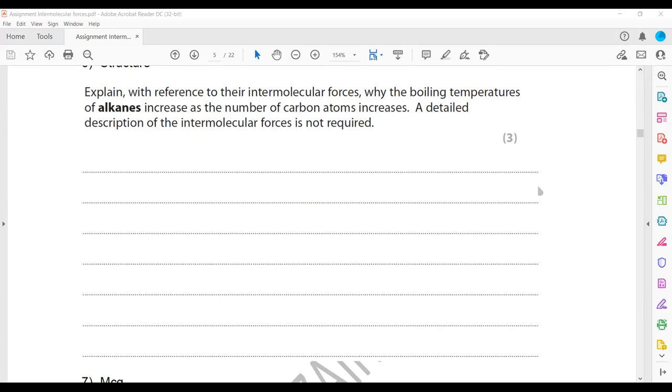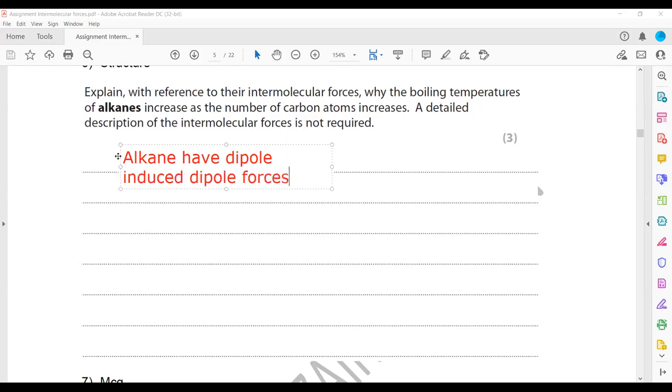First, these hydrocarbons have London dispersion forces, or London forces, or dipole-induced dipole forces. As the number of carbons increases, the number of electrons increases. So there will be more force between the particles. So alkanes have dipole-induced dipole forces.